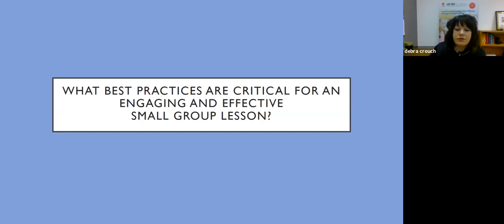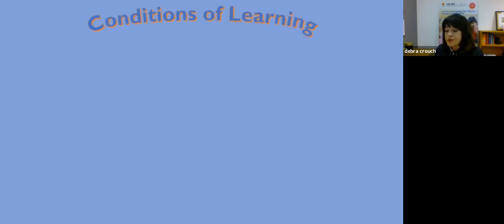So I've been playing with some visuals and some ways of looking at that, but thinking first and foremost that when you are creating a space for effective guided reading, we have to come back to the conditions of learning. In order for learning to occur, the conditions of learning have to be present.